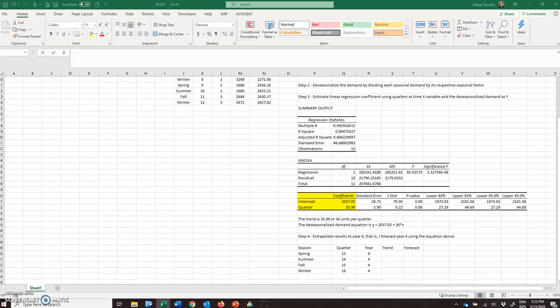Okay, so my trend here is going to be equal to 2037.05 units plus the quarter coefficient multiplied by the quarter. So this is the trend.